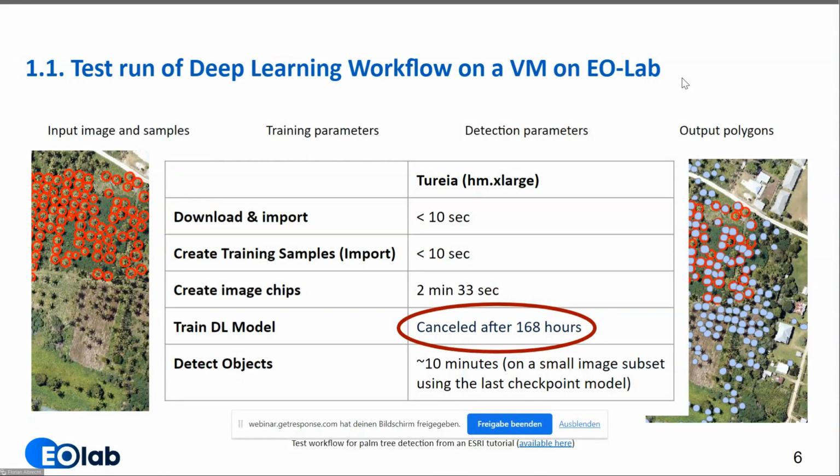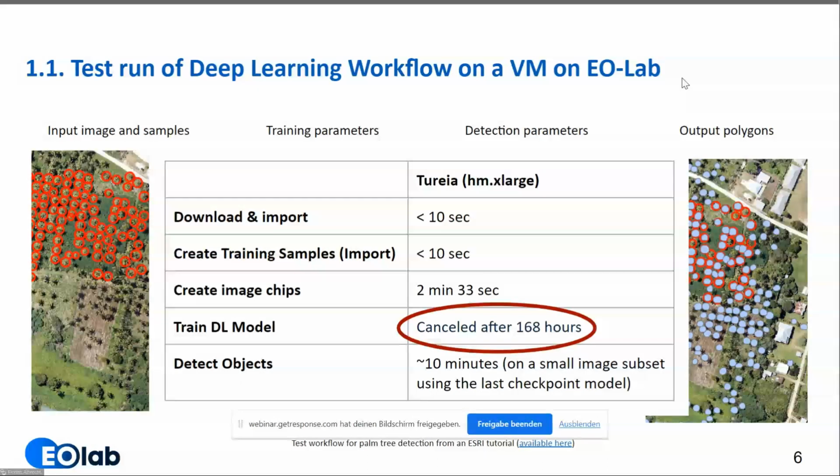At least we tested whether the model worked well, and we picked a small image subset and used the last checkpoint of the model. For the small image subset, we were able to get satisfying results, but there were maybe 10 or 20 palm trees and nowhere near where we wanted to get.